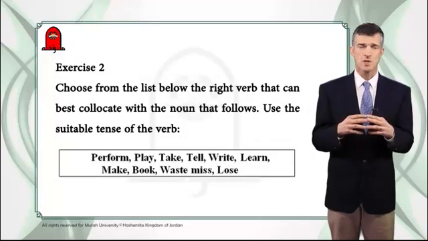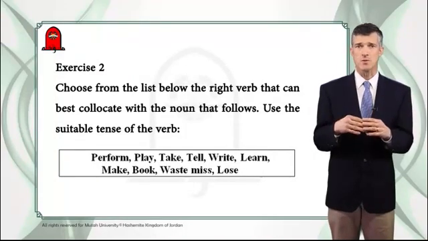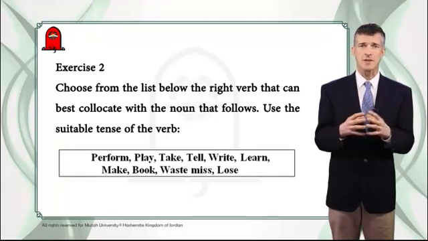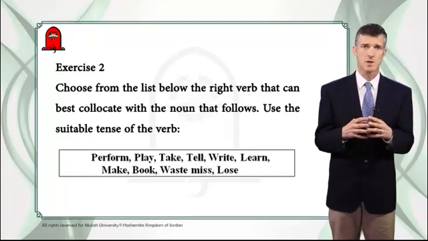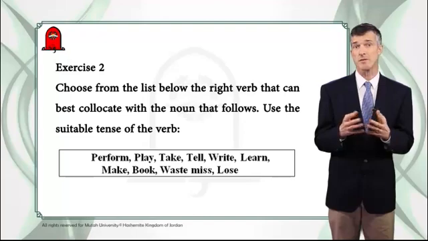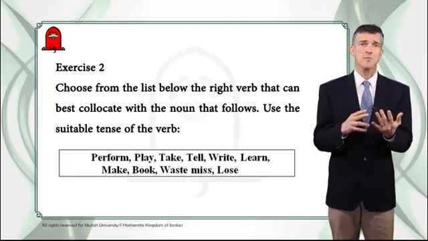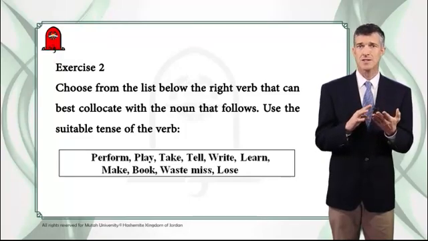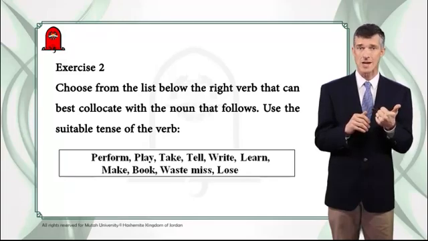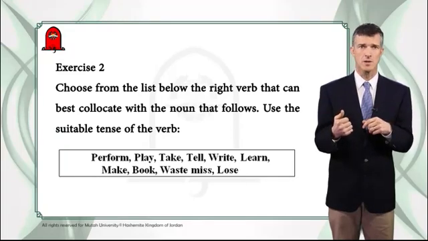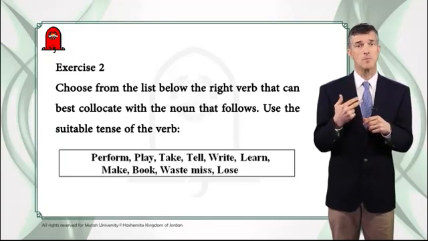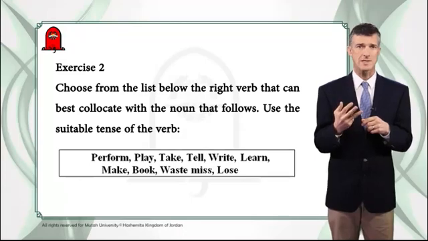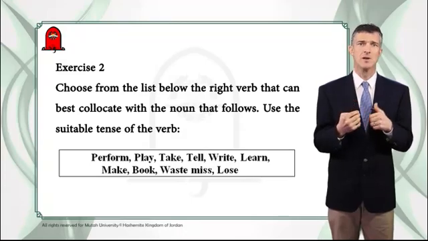Exercise 2. Choose from the list below the right verb that can best collocate with the noun that follows. Use the suitable tense of the verb. The verbs are perform, play, take, tell, write, learn, make, book, waste, miss, lose.